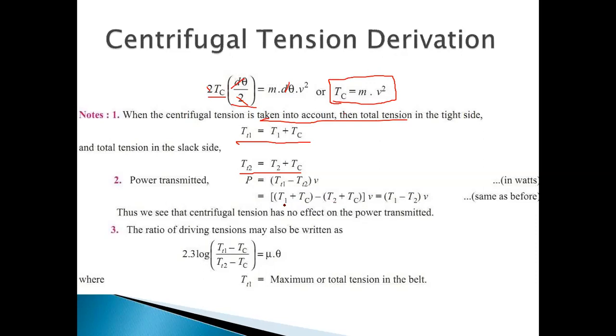So if we solve this equation, or open this bracket, Tc is going to be cancelled and the equation is converted into T1 minus T2 into V, right? So this equation is the same as before when we did not take the centrifugal force into account, right?